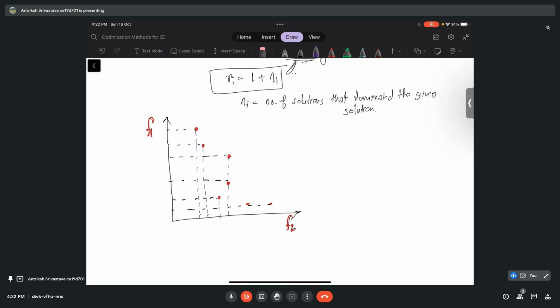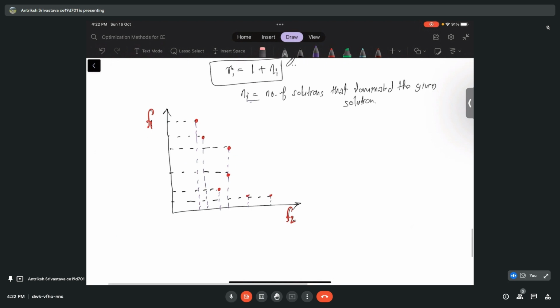So what is the definition? Let's look at the definition once.